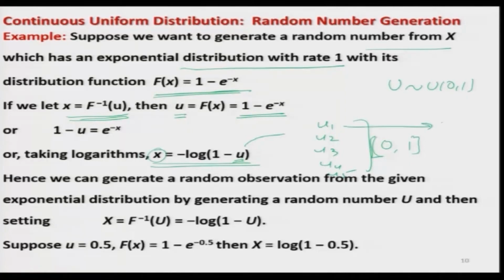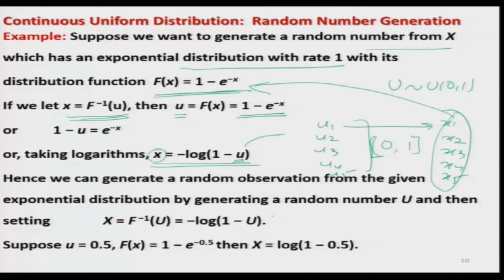This will give you x1, x2, x3, x4, x5. So, what is happening? The u1, u2, u3 are coming from uniform 0 1, but these values x1, x2, x3, x4, x5 will be coming from the exponential probability density function with rate 1, right.